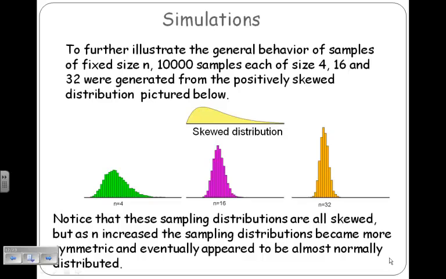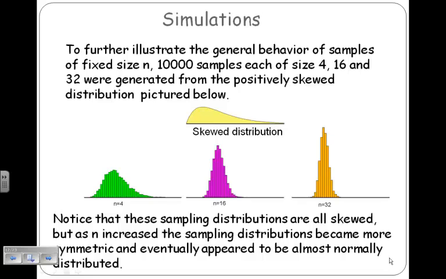So even though we started off with a skewed distribution, if the sample size is small, like n equals 4, it's going to produce a skewed sampling distribution. However, as the sample size gets bigger, the sampling distribution gets less and less skewed until eventually it becomes almost normally distributed.